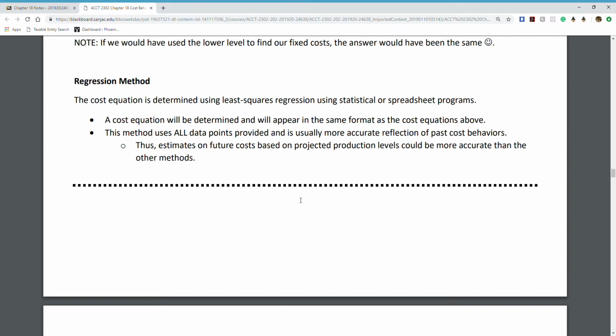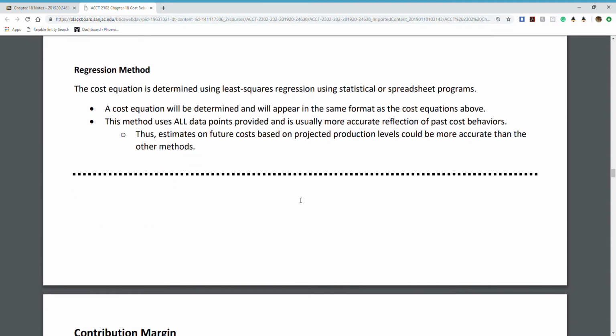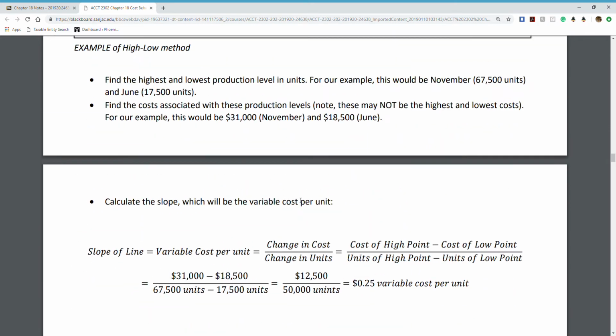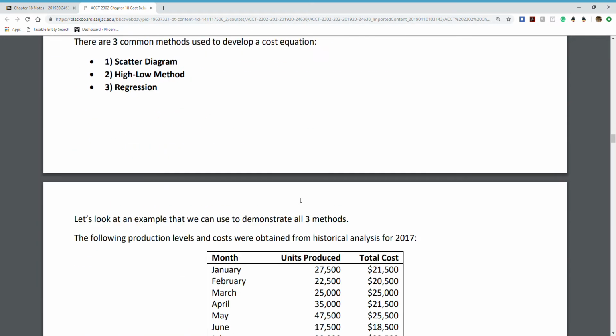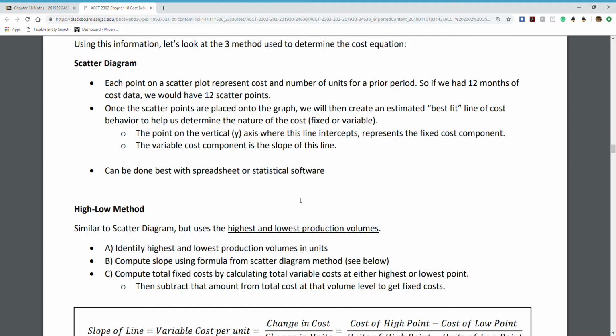This method uses all data points provided and usually is an accurate version of cost behaviors. It could be more accurate than any other method, but if you're using a calculator or spreadsheet, it will use either the regression or the scatter plot, the scatter diagram, however they want to say it.